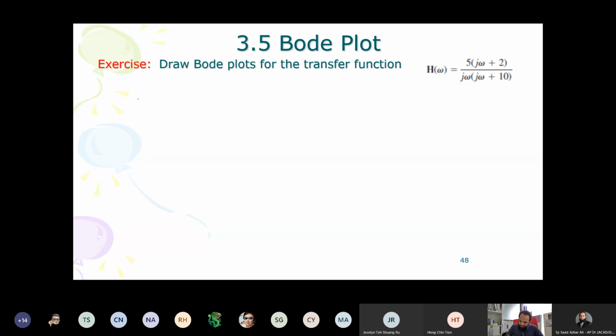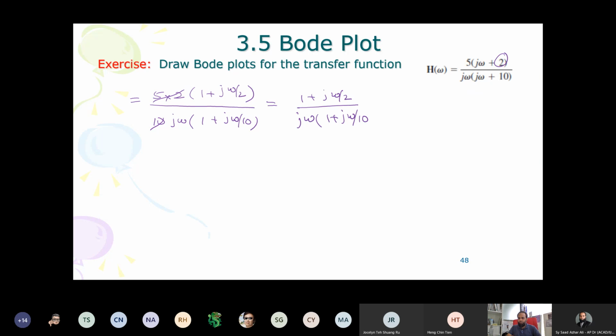So it's 5 times 2 times (1 plus j omega by 2). I'm taking this 2 common, so that this is 1 and j omega by 2. And 10 j omega (1 plus j omega by 10). Like this time also we have 2 and 10, so this 10 and this 10 cancels. We just have (1 plus j omega by 2) over j omega (1 plus j omega by 10).